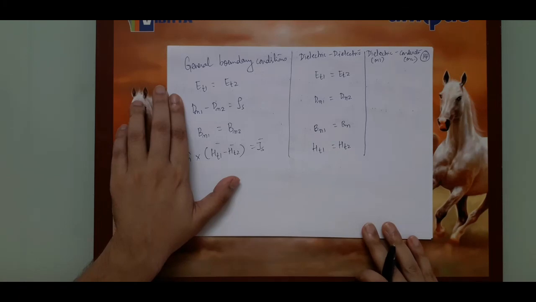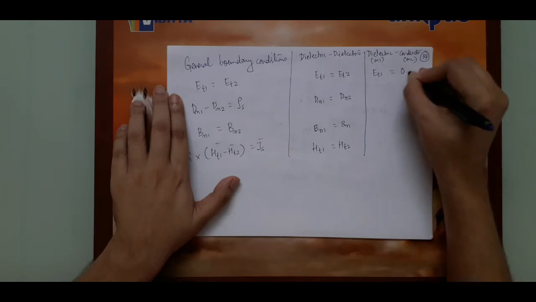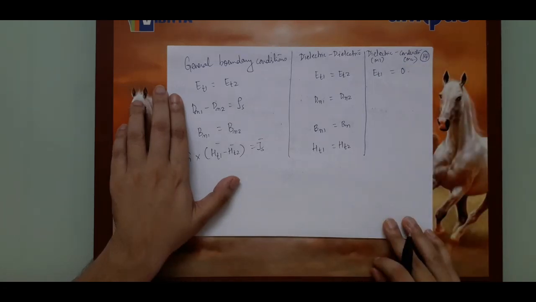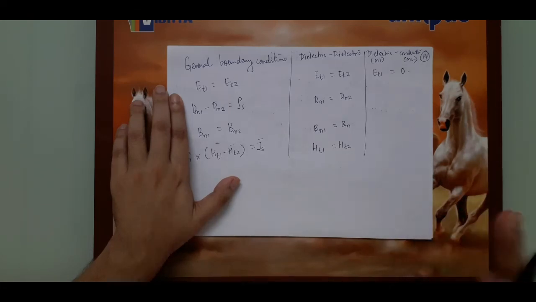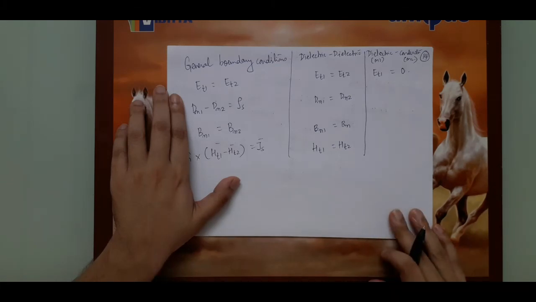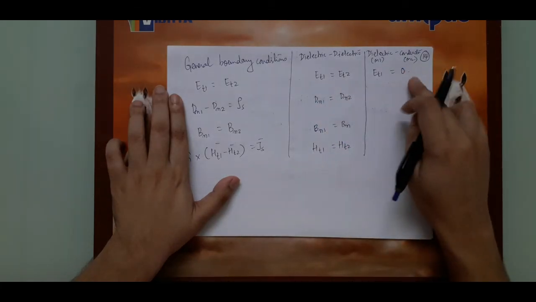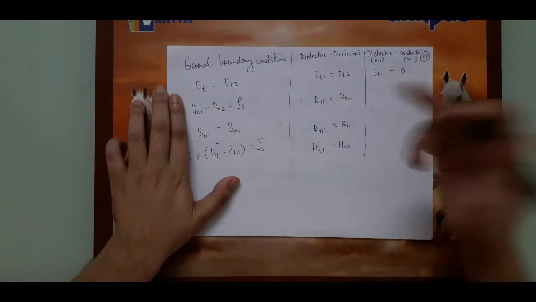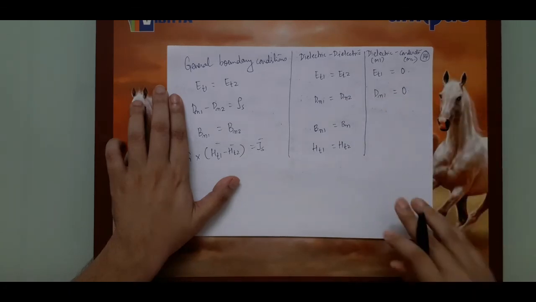We have proved this. So we can say that ET1 is zero. So at the boundary, something will happen which will make the net electric field at the boundary zero. What about D? Same. If electric field inside conductor is zero, the displacement also has to be zero. So likewise, I can say DN1 is equal to 0.